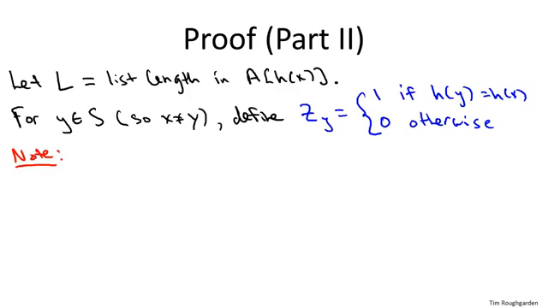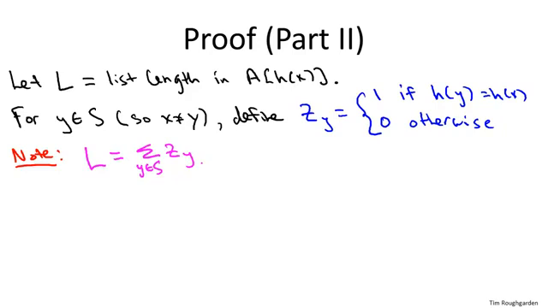Now, here's what's cool about these random variables: capital L, the list length that we care about, decomposes precisely into the sum of the Z_y's. That is, we can write capital L as being equal to the sum over the objects y in the hash table of Z_y. So if you think about it, this equation is always true, no matter what the hash function h is.